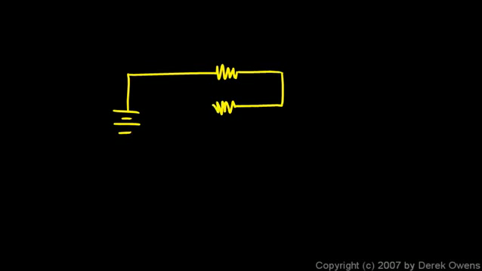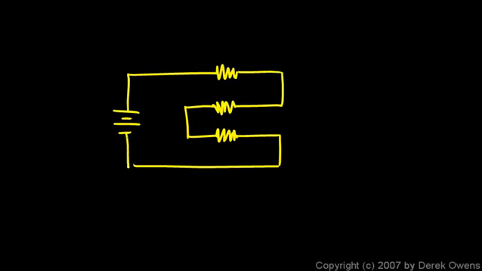Now, one thing to note is that the actual geometrical layout of the resistors in your little circuit project isn't the determining factor in whether or not the resistors are in series or parallel. The determining factor is whether the current divides or not. So in this case, for example, I have a resistor here, and imagine the electrons flowing through it, and then they come down and flow through this resistor, and then they flow through this one, and then they flow back to the battery.